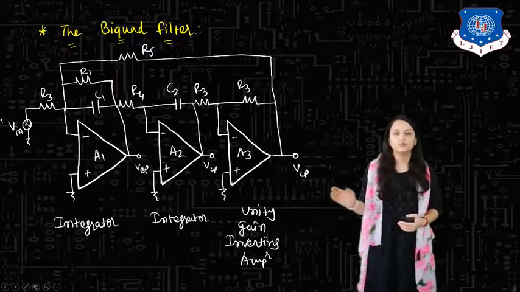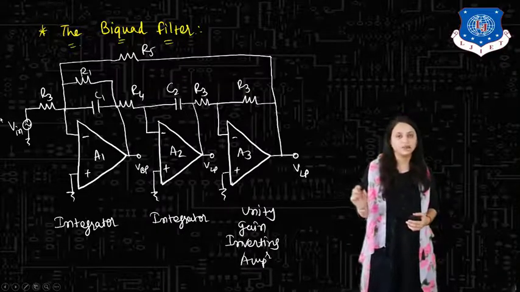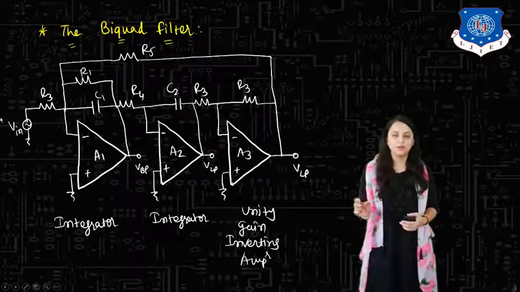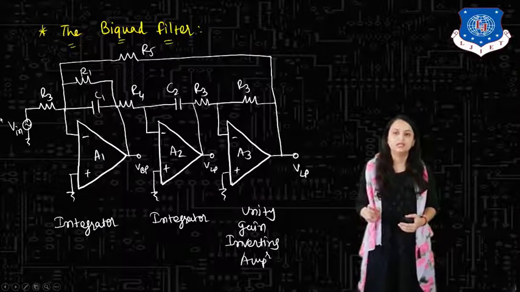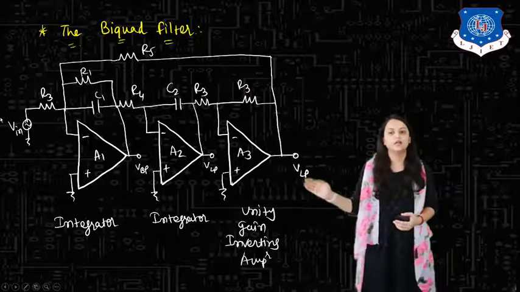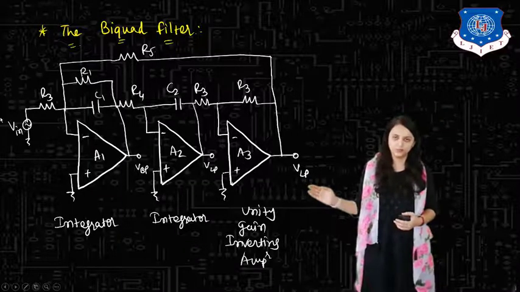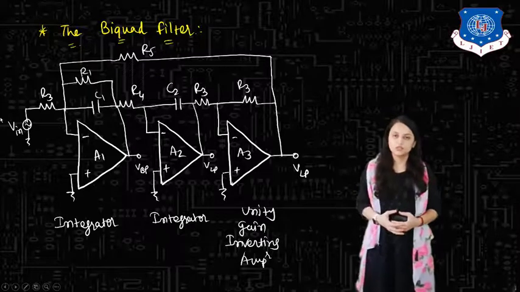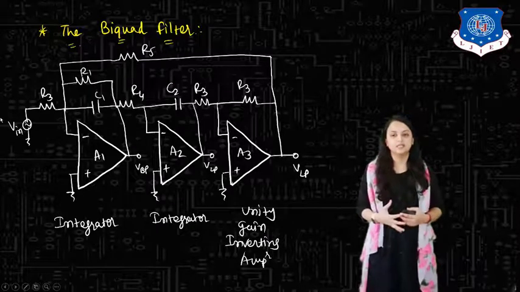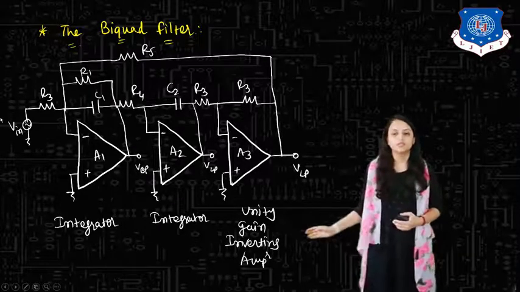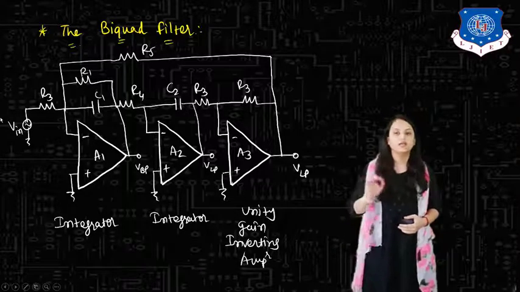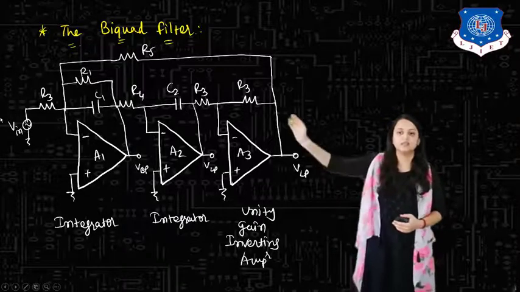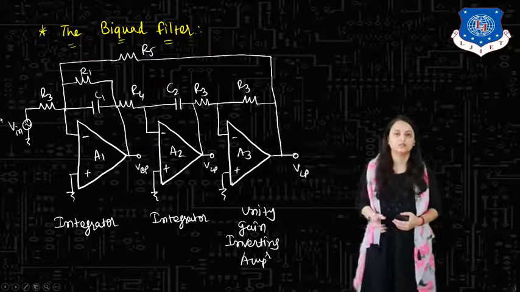First one output is VBP, that is band pass filter voltage. Second op-amp output is VLP, that is low pass filter voltage, and the third output is again VLP, that is low pass filter voltage. So first two op-amps are obtaining the integrator and the third one is unity gain inverting amplifier as a supply is given to the inverting terminal.